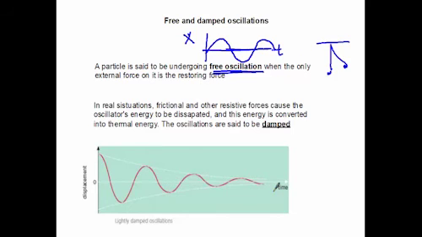So coming to the example of the child on a swing, the amplitude will decline until the child comes to rest, unless more energy is added to the system, then it can continue swinging.